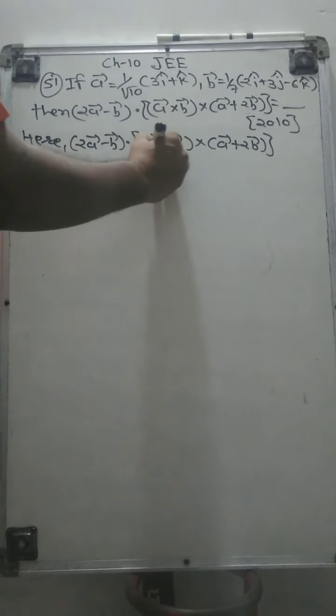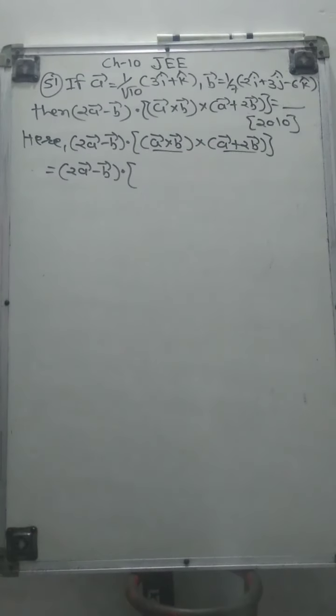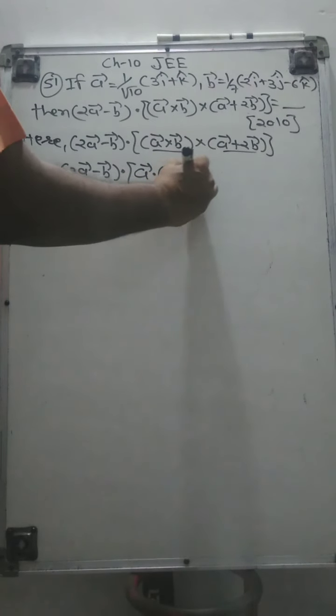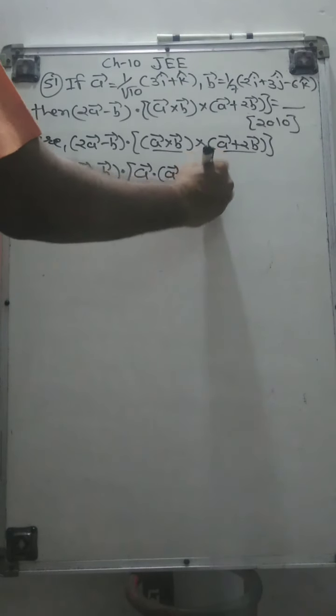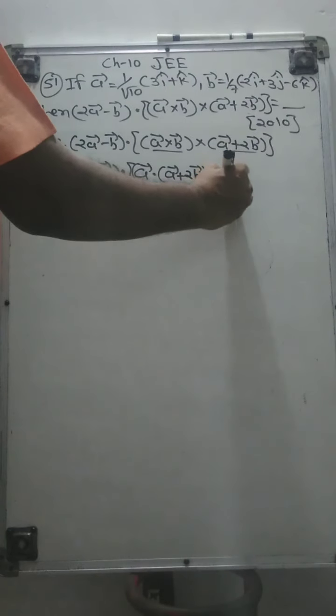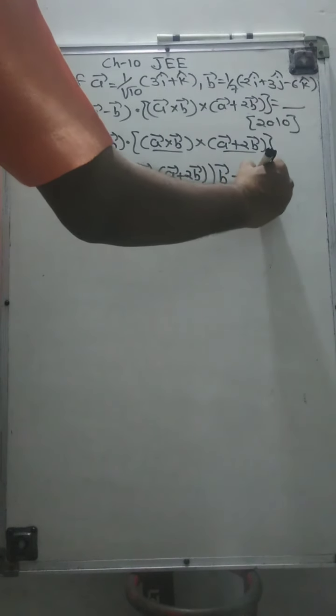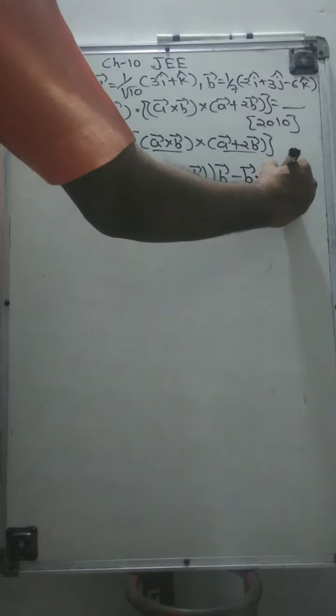Now here we apply the cross multiplication for three vectors, then it is a bar dot (a bar plus 2b bar) into b bar minus a bar, b bar dot (a bar plus 2b bar).